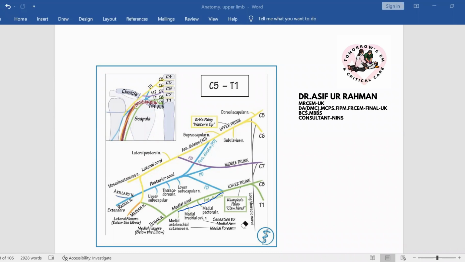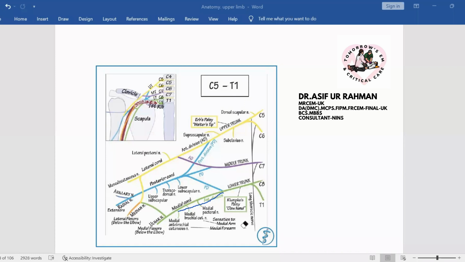What is another name of the long thoracic nerve? The nerve of heaven. Yes, nerve of heaven is another name for the long thoracic nerve.